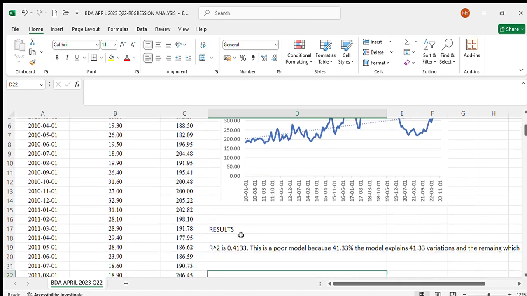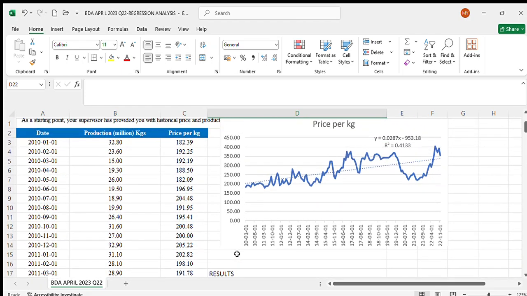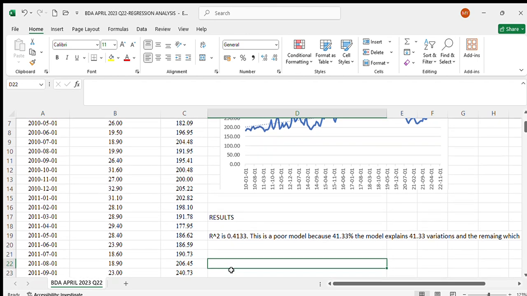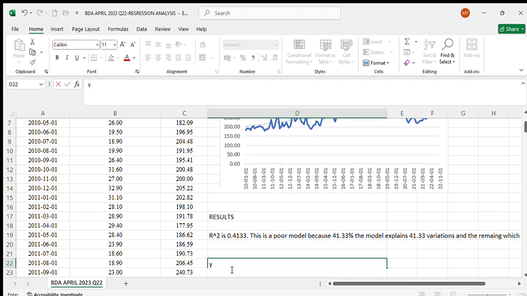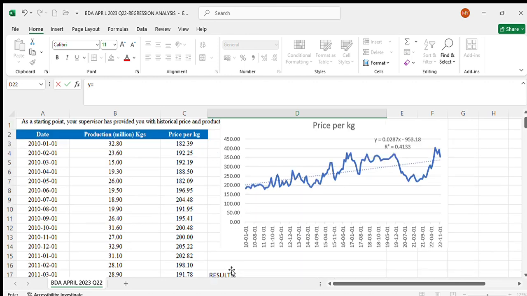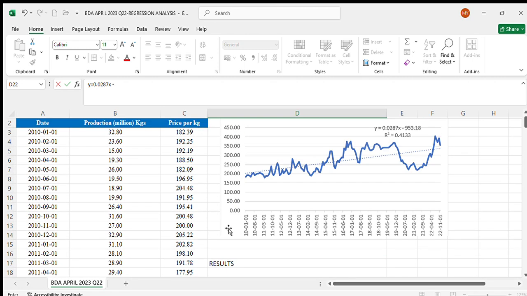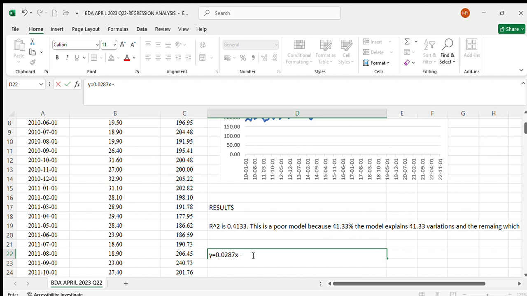Then the equation, y equals 0.0287x minus 9553.18.